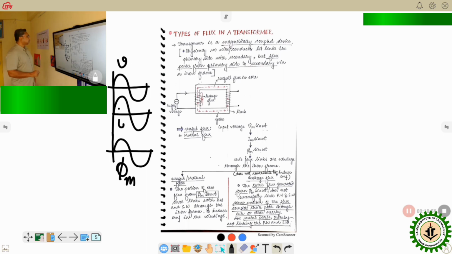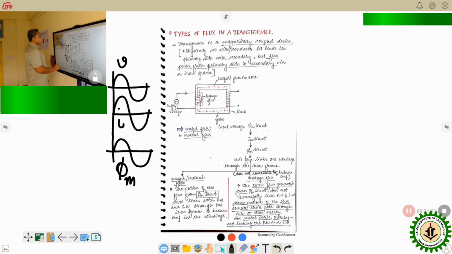The major portion of the flux which flows from the primary side to the secondary side inside the iron core, or a ferromagnetic material core, is called the useful flux.